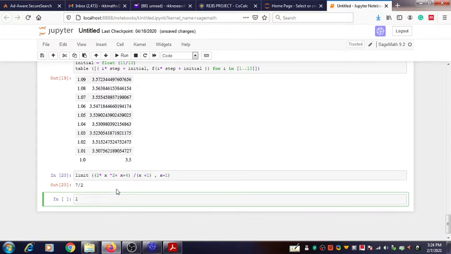So I am going to type limit. That command is typed. Then when I put one bracket, it automatically puts the closing bracket also. It's an advantage for us, because it reduces the chance of making errors by mistake.